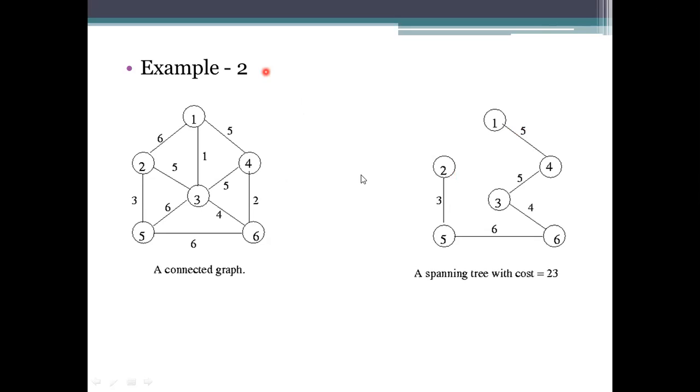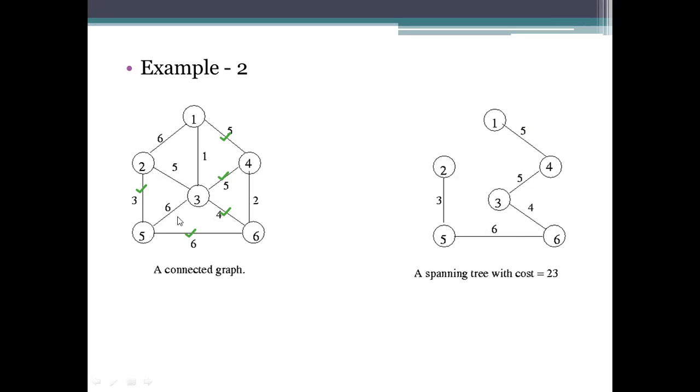The first one here has a cost of 23. Let us see, it uses the edges and the weights represented as a node. It is a subset of that one, and we can use more than that.